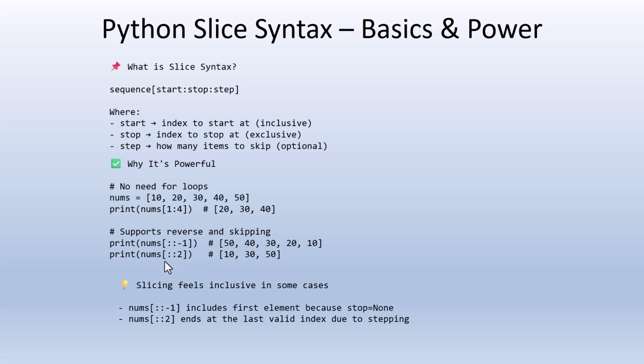So here, start is not specified, so it is taken as the first element, the 0th index, stop is None, and the step is 2, so it starts from 10, jumps by 2, skips the in-between, so 10, 30 and 50. So it feels inclusive although it is exclusive.